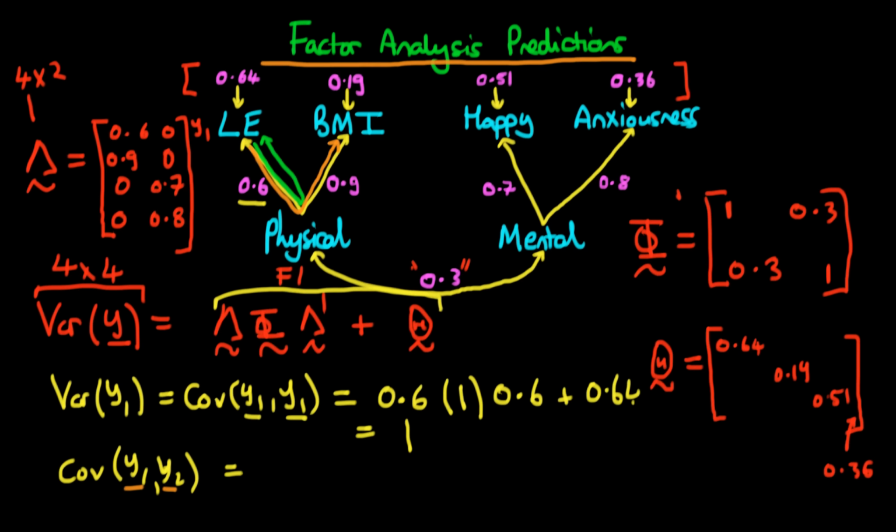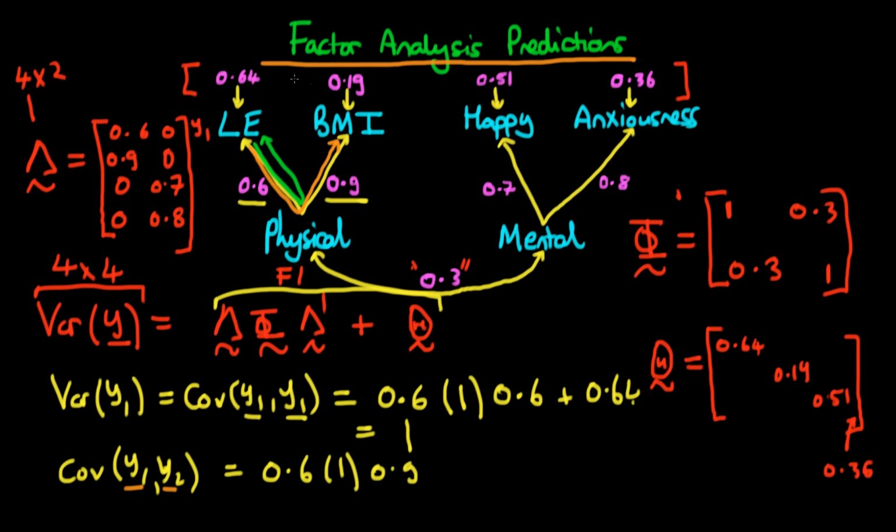So if we then use this, what we get is we first of all encounter 0.6 because that's what we encounter on our walk down, and then we hit this factor, but then we don't go to another factor, so we just want the covariance of that factor with itself, which in this case is just going to be 1, and then we walk up to BMI, which is then encountering an amount 0.9.